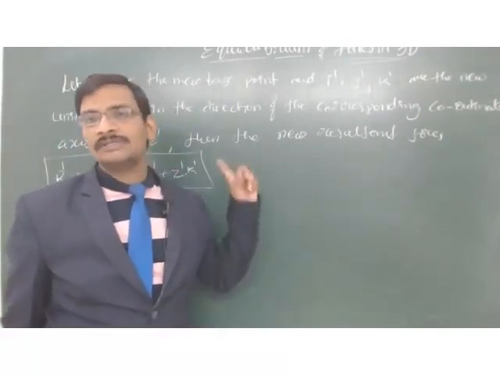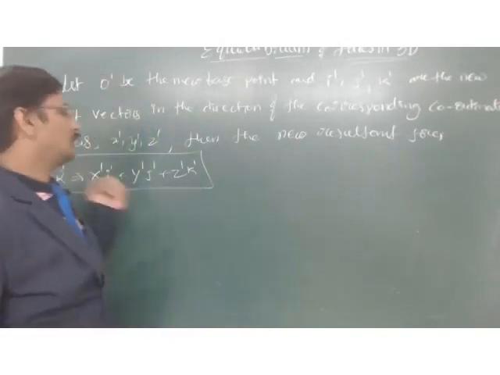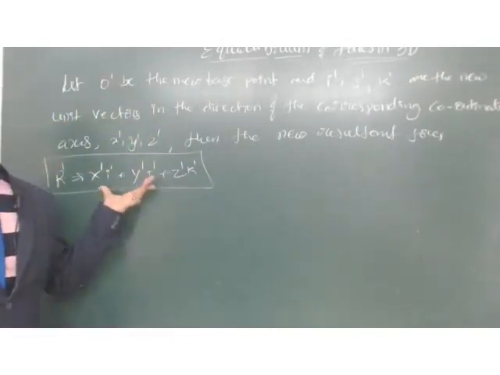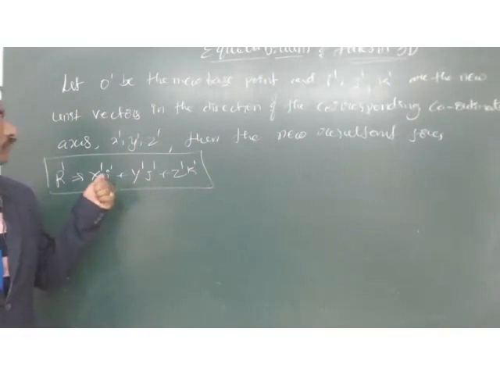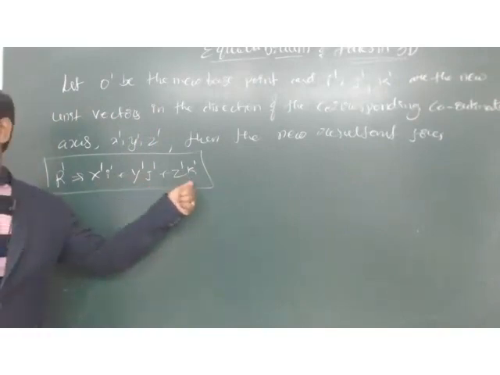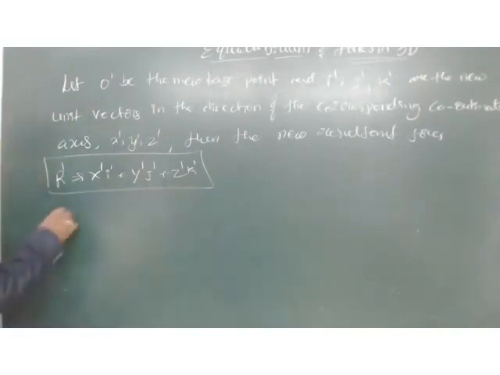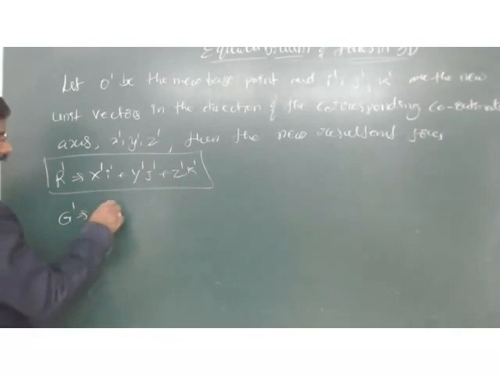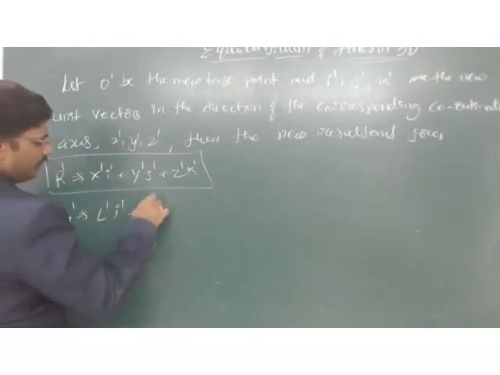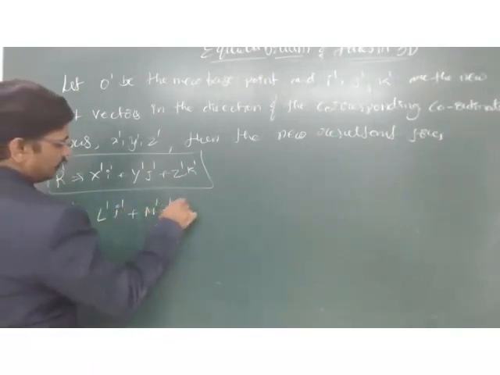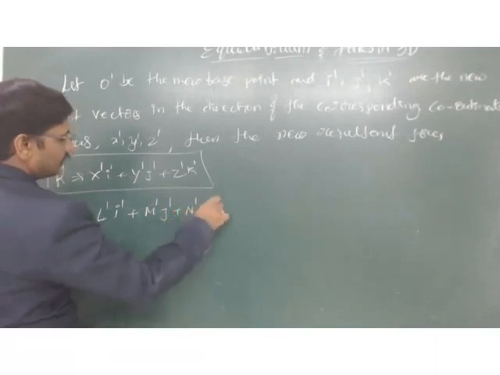Hence, we have taken a random coordinate axis whose unit vectors are I dash, j dash and k dash. And similarly, G dash can be interpreted as L dash into I dash plus M dash into J dash plus N dash into K dash.